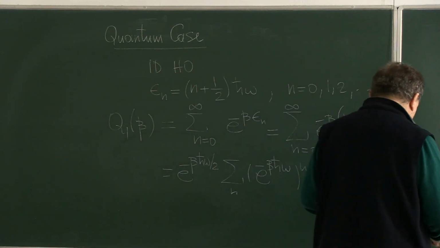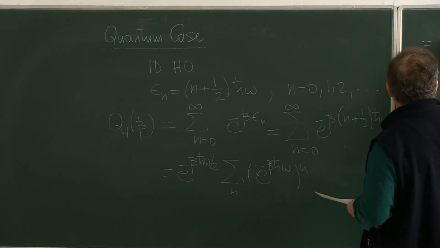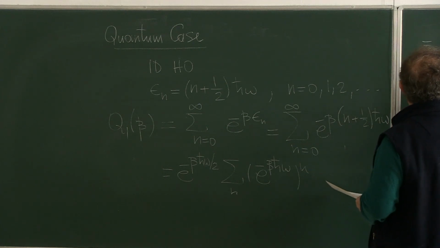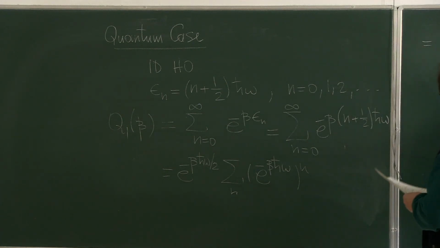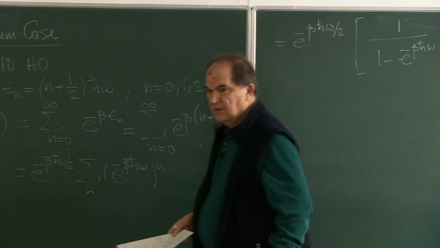So the result is the constant term times 1 over 1 minus x. x is e to the minus beta h bar omega.